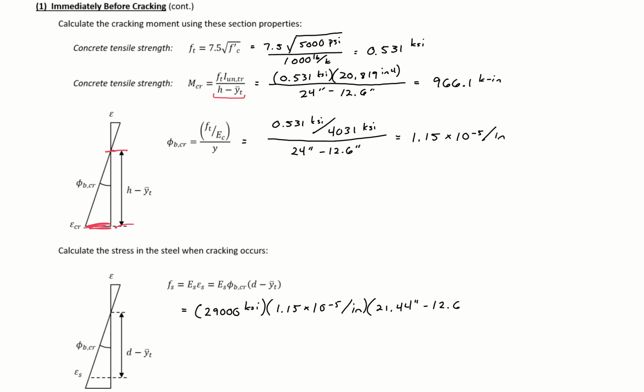So the distance between the centroid of the overall section and the center of our steel. So we'll get a stress in our steel of 3 KSI before cracking. So you can see that before cracking, our steel is not significantly engaged. And we'll look on the next slide to see how the stress increases after cracking occurs.